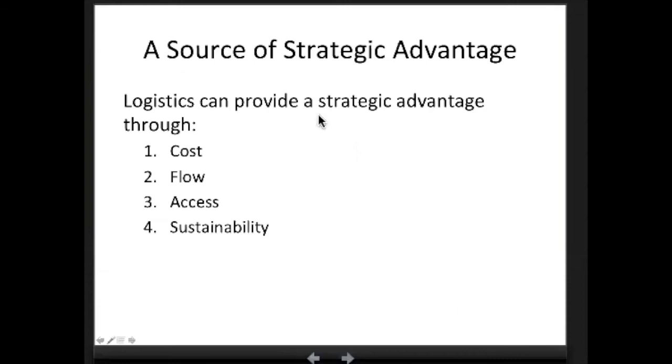So in essence, logistics provides strategic advantage to an organization through cost related factors. For example, there are decisions you'll take in logistics which will influence the cost that will be incurred by the organization. Flow related factors: there are decisions that you'll take in logistics that will help speed up the flow, slow down the flow, depending on what the right decision might be for a given circumstance.